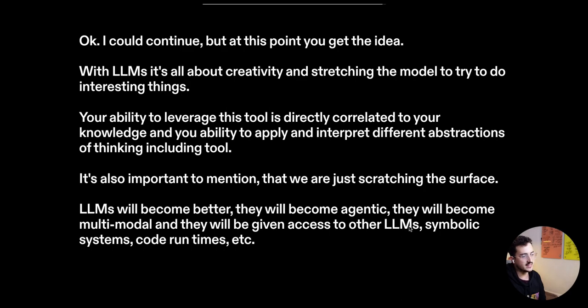And there's a lot of this kind of dance with ChatGPT that has to do with the different levels of abstraction you can interact with.